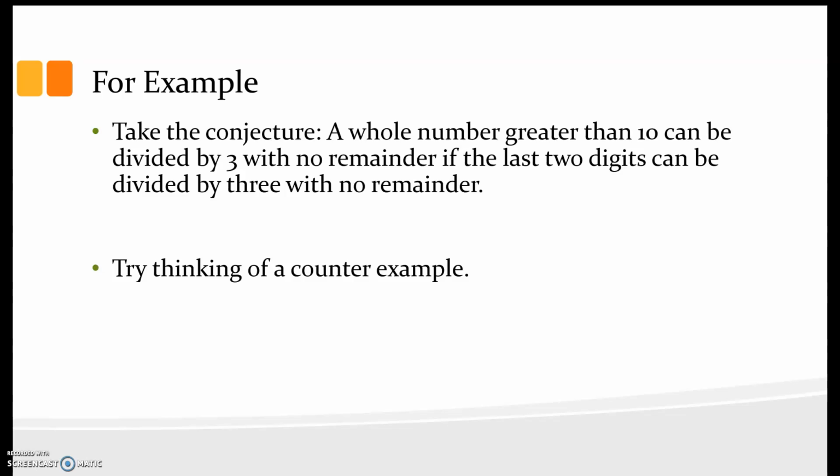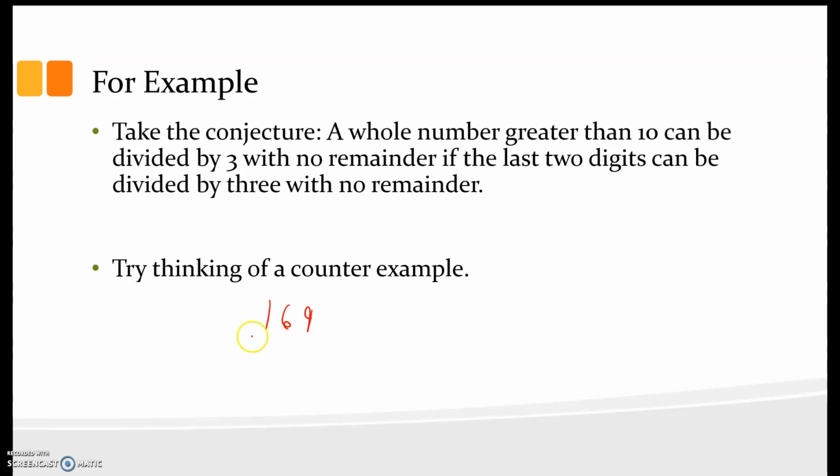Okay, hopefully you paused the video and tried. But let's look at one. Let's look at 169. 69 fulfills the requirements that the last two digits have to be able to be divided by 3 with no remainder.